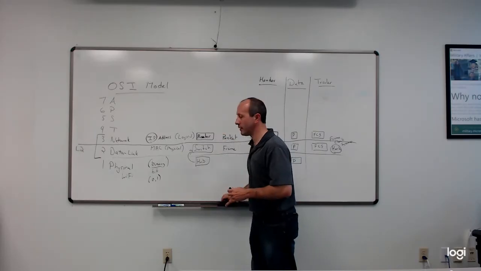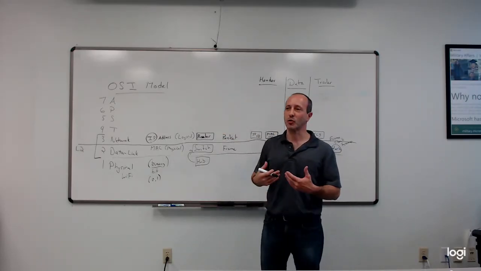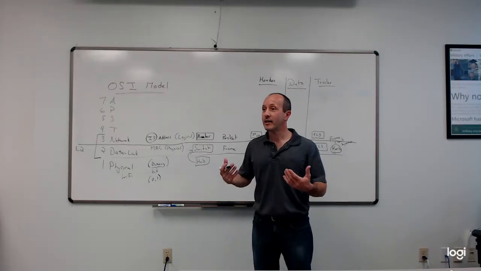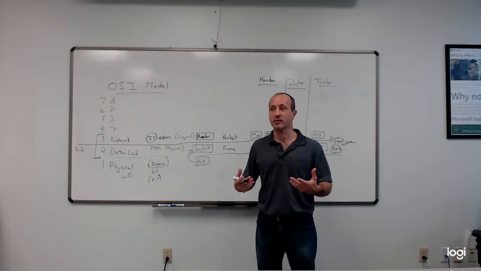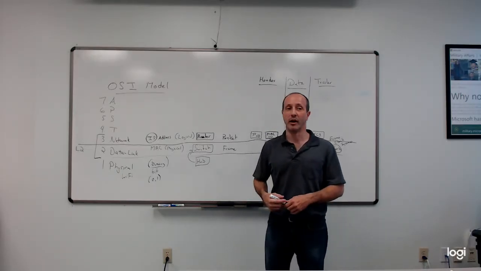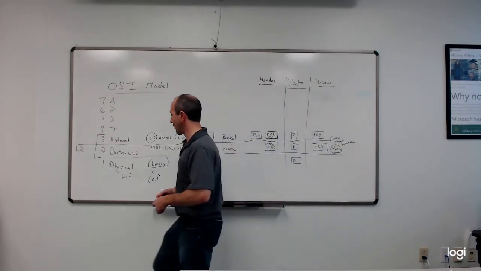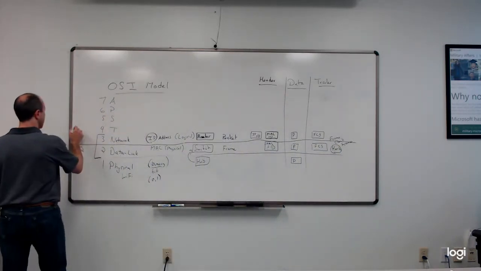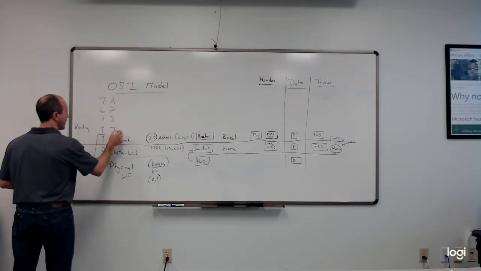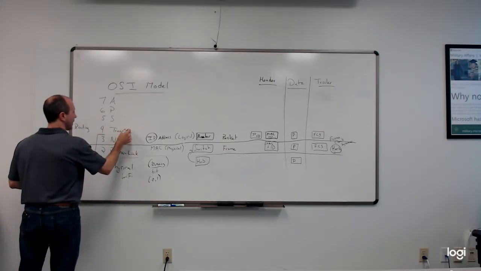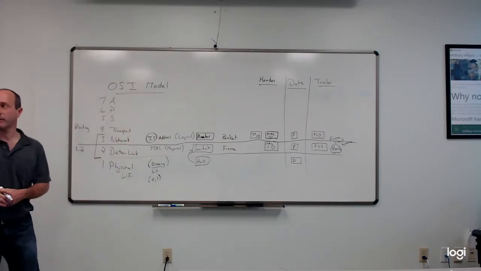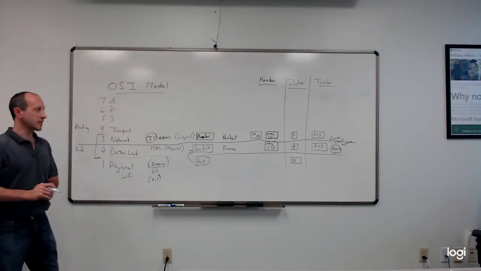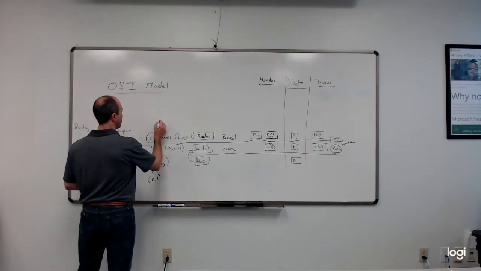However, if you were to ask a network engineer, somebody who works at Cisco or builds networks and whatnot, they're going to say that routing occurs here, at the transport layer, because this is where your routing protocols sit.